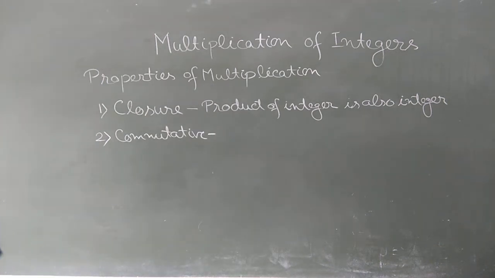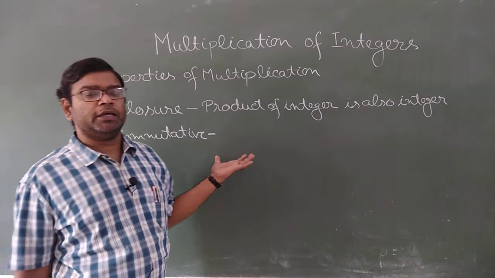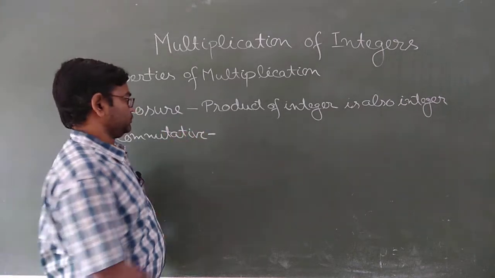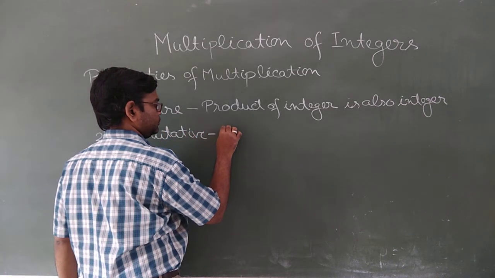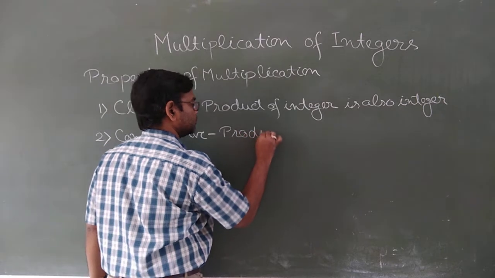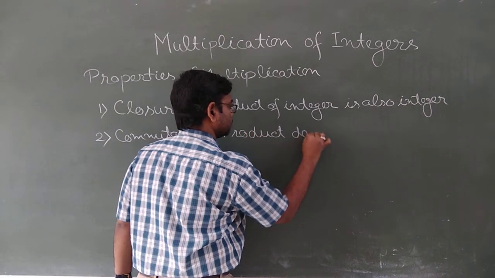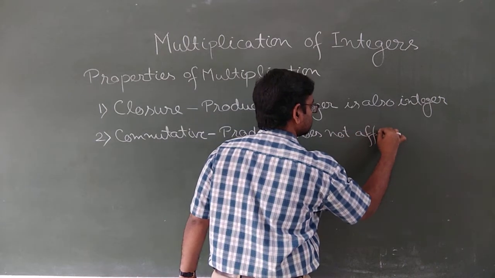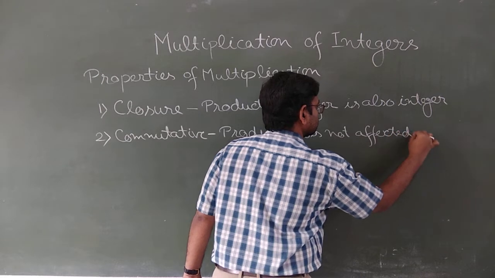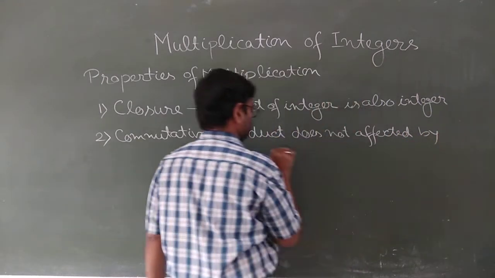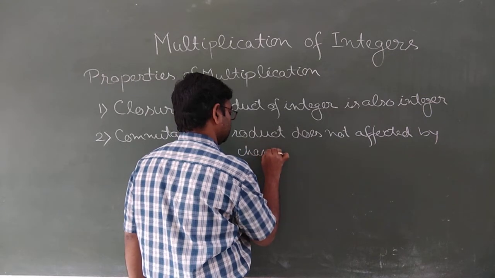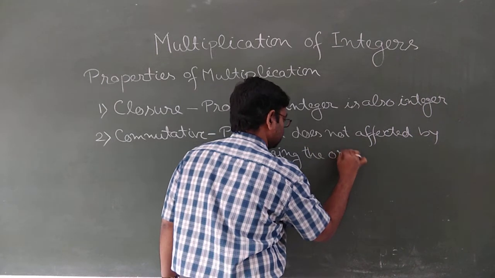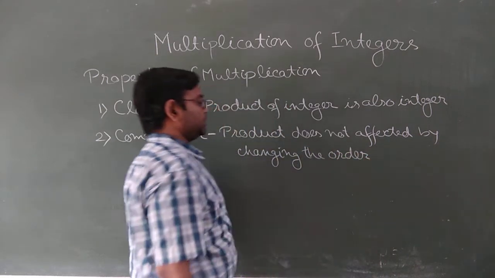The commutative property says that whatever we multiply, if we change the order, the answer must be the same.